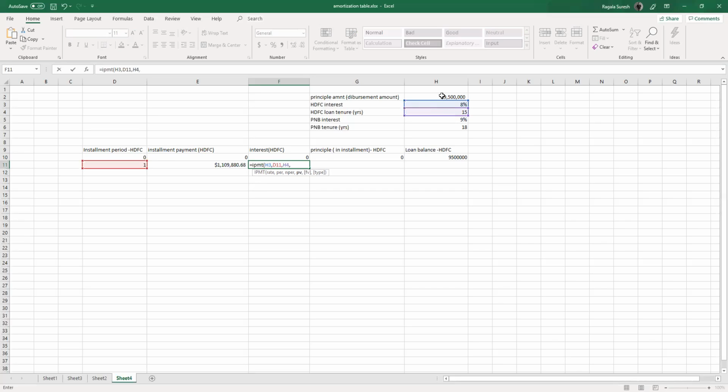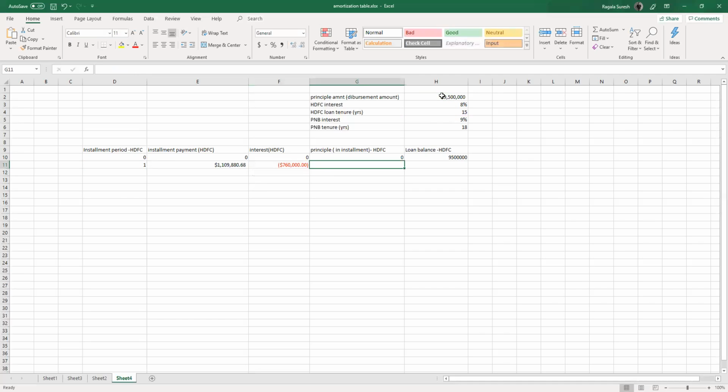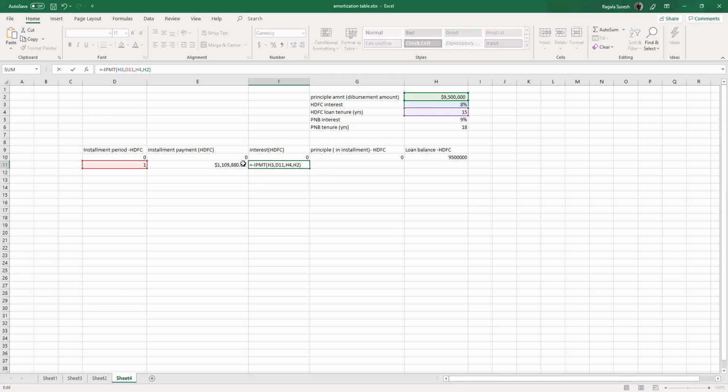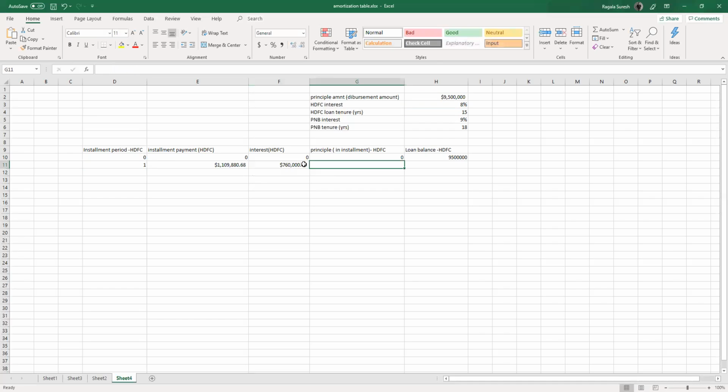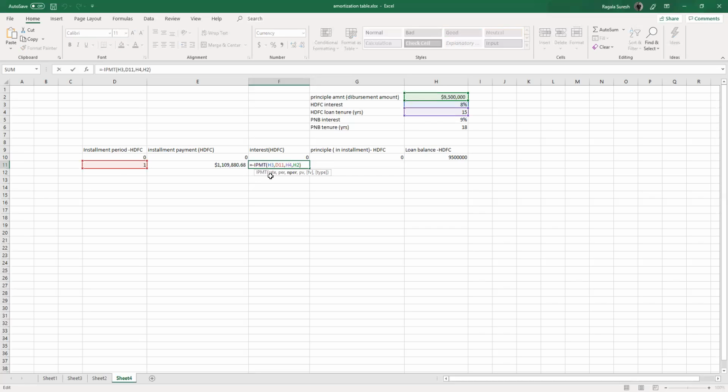Present value is this, and we can negate this. Every time we need to negate it. We can do it with minus also, but just to get out of the minus values. The calculations will be a little different.